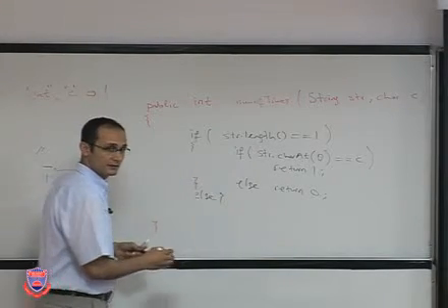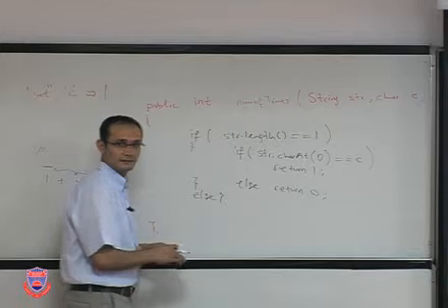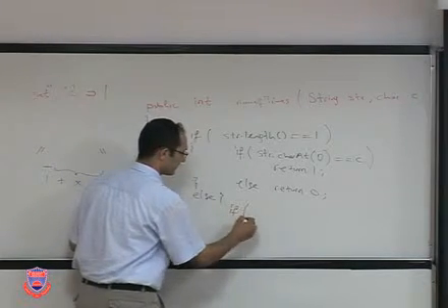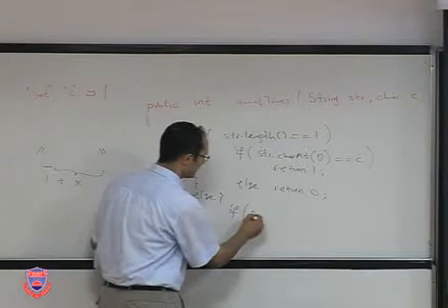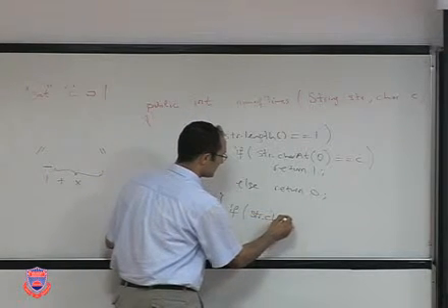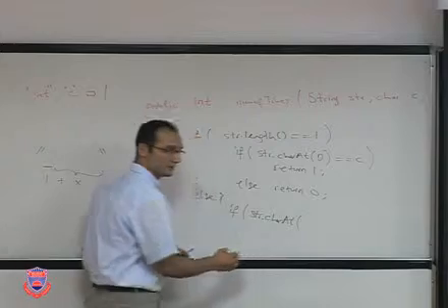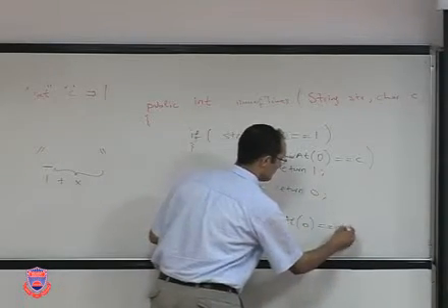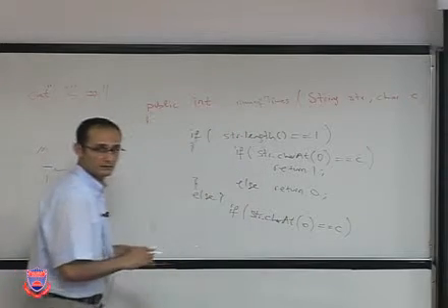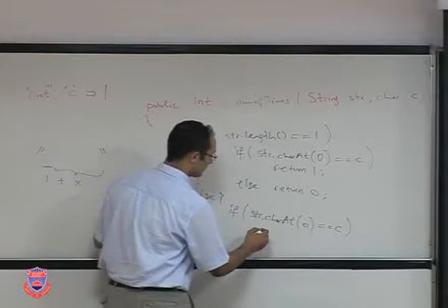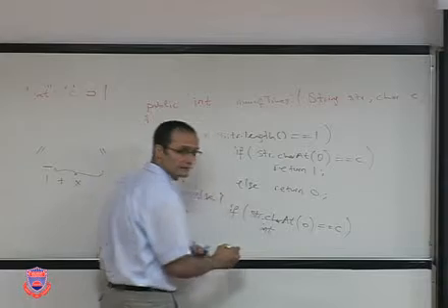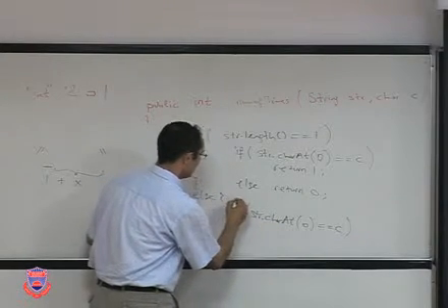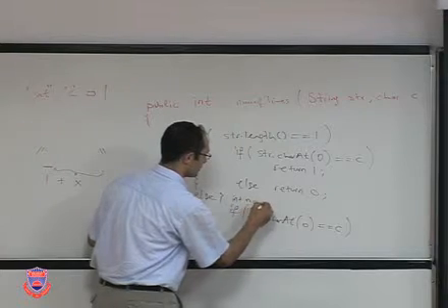So I will say if str.charAt(0) is equal to c, then I will say, let's say, I have an int n equals 0.